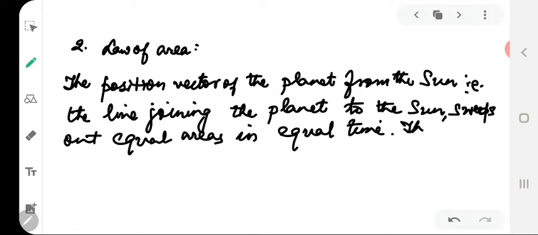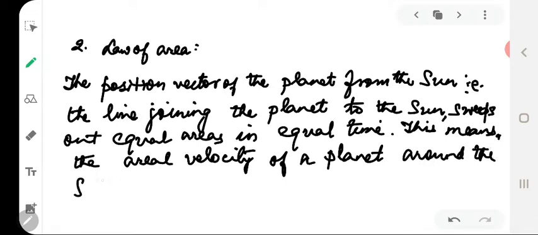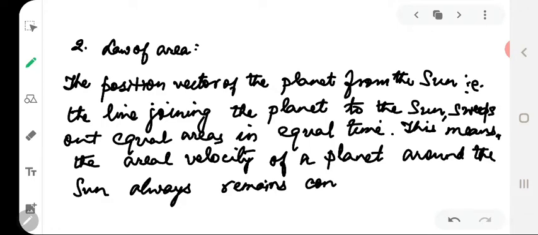This means the aerial velocity of a planet around the Sun always remains constant.